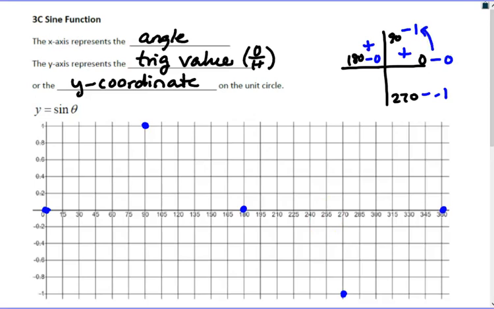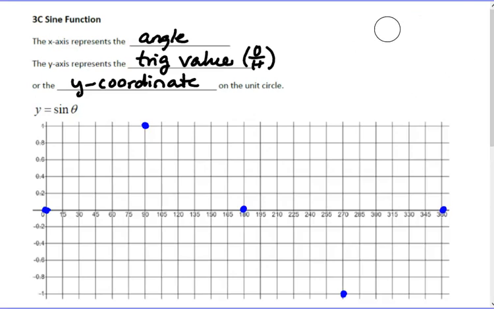So we notice the sine value is positive here in quadrants 1 and 2. I'm going to make this a little bit less busy here. So here's 0 degrees, 90 degrees, 180, 270.